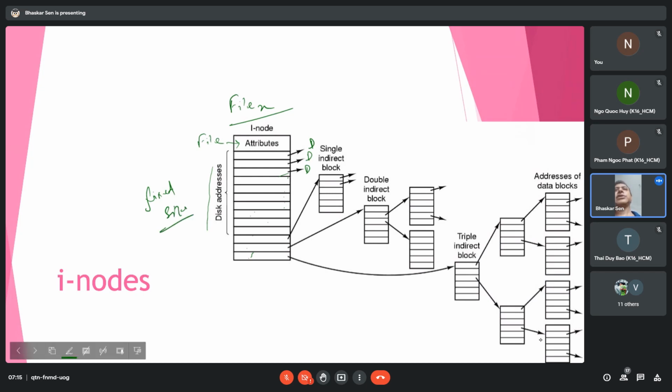So naturally, the last few will not point to a data block, but to another block. That's called single indirect block, double indirect block, even triple indirect block, and those blocks will again start doing the same thing.